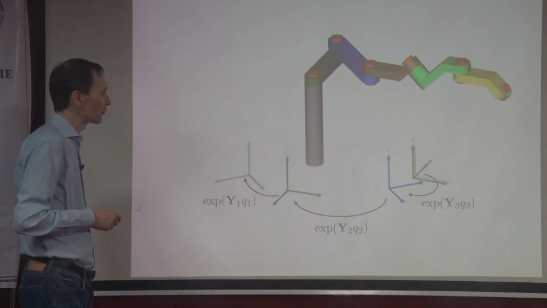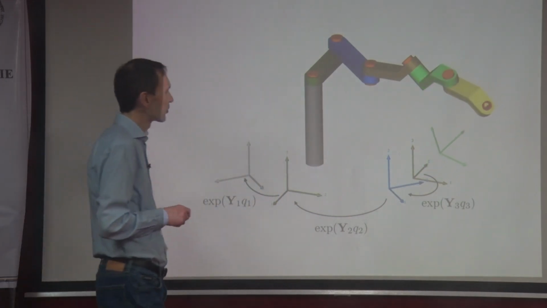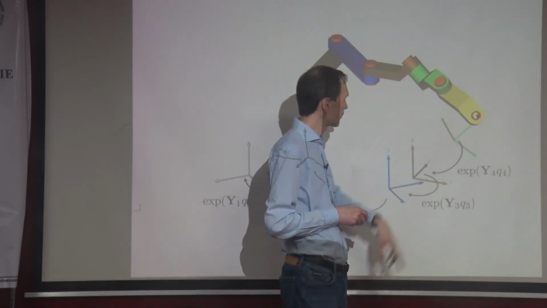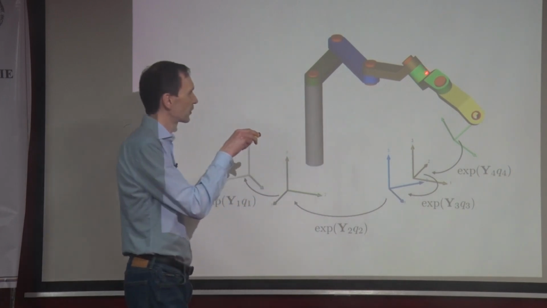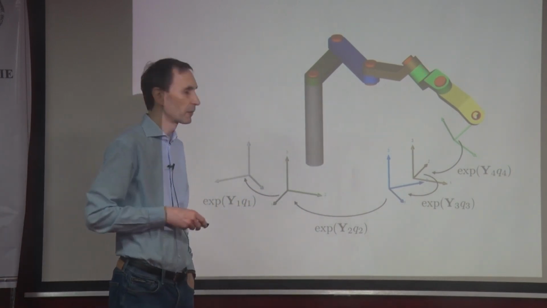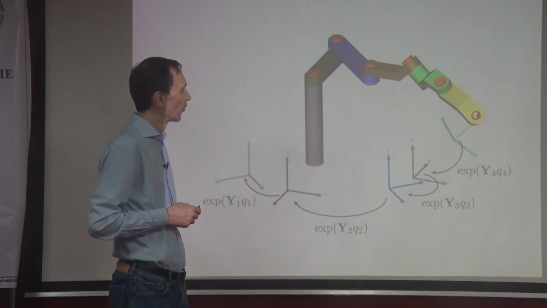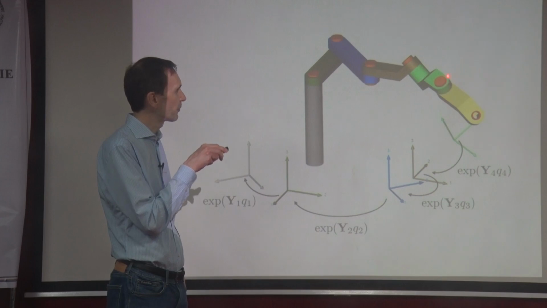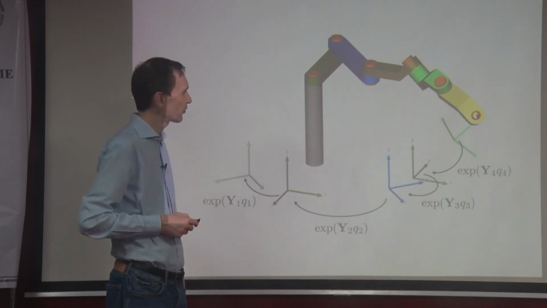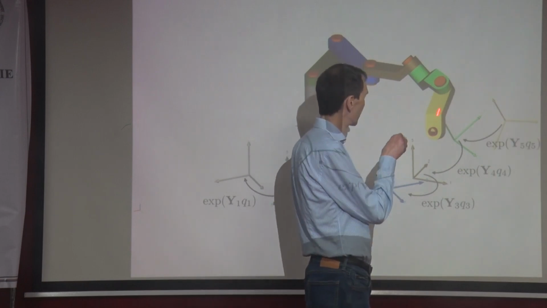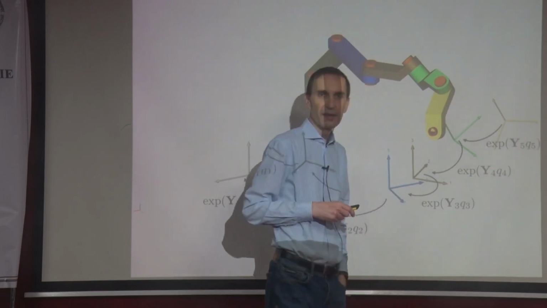And then you do the same, of course, and you have the motion due to the fourth joint, which is describing the motion of a frame attached to the fourth, the green one, relative to where it started from. Okay. What's next? There's one left. What happens if you move the last one? And of course, then you get the motion of a frame that is attached to this one.